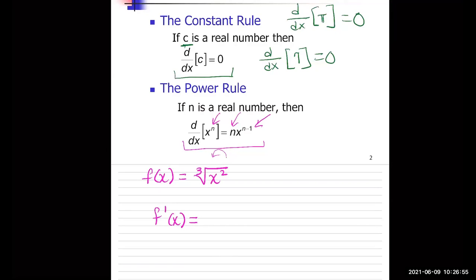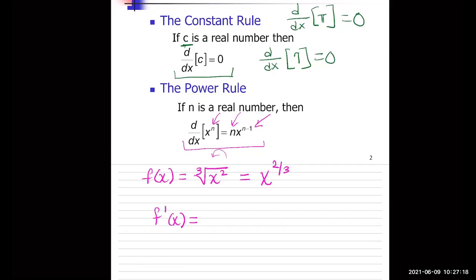So if you have a radical, what you will want to do is rewrite it so it looks like x to some power. Can you guys help me out? If I have the cube root of x squared, that is x to what power? Yeah, exactly. That's x to the 2/3 power.